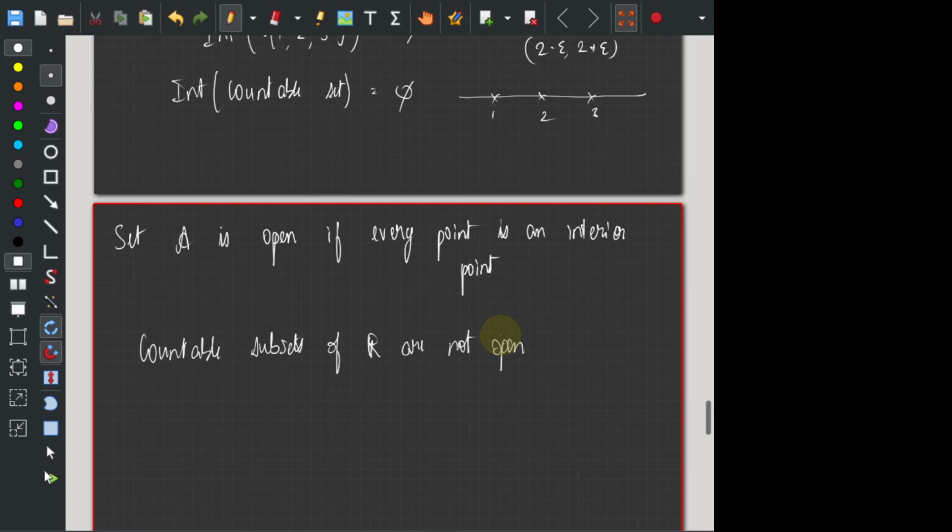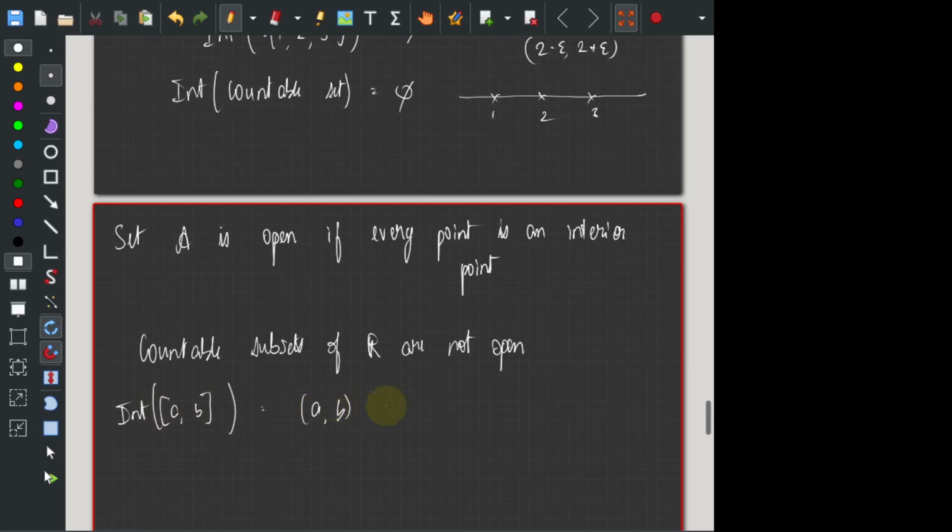Are open intervals always open? So what is the interior of any open interval? The interval itself, right? So it's open. What about closed intervals? What is the interior equal to? The interior of a closed interval is the open interval a comma b.